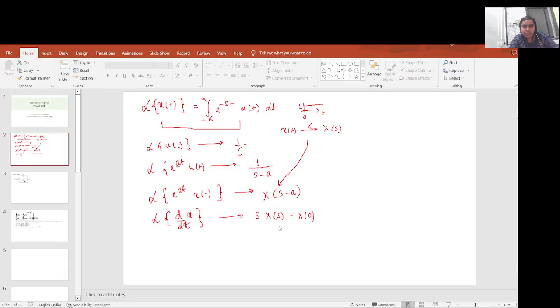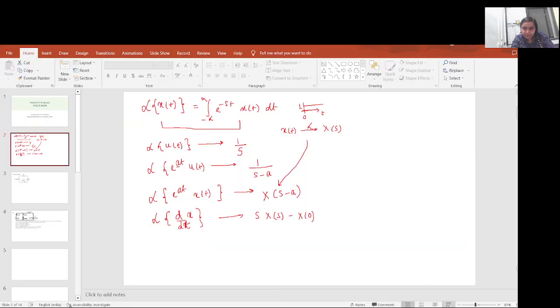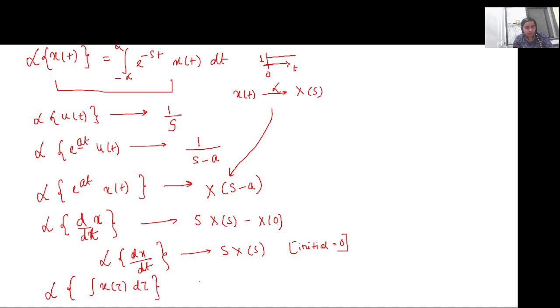Now if the initial conditions are not given, or the initial condition is equal to 0, then we can directly write the Laplace transform of dx by dt as s times x of s. Then the Laplace transform of the integration of x of tau d tau can be written as x of s by s.